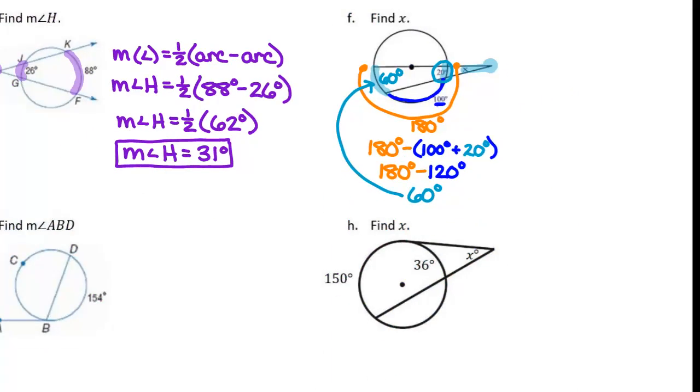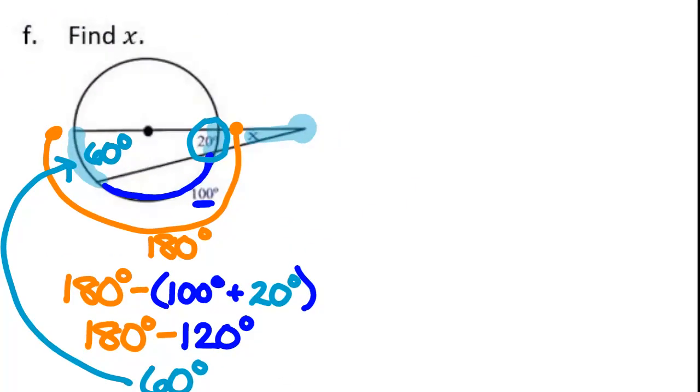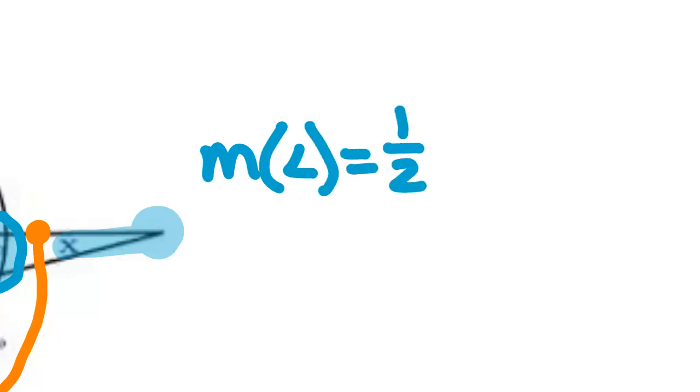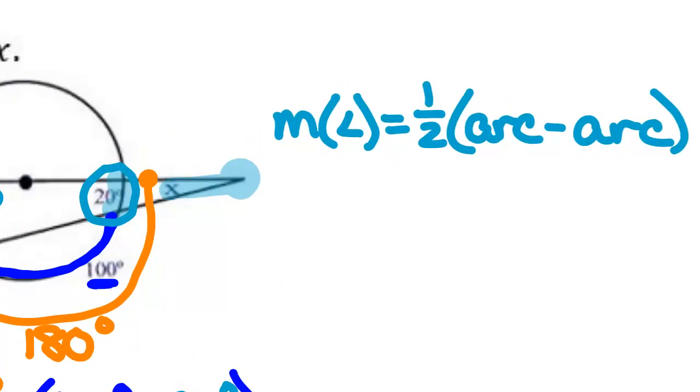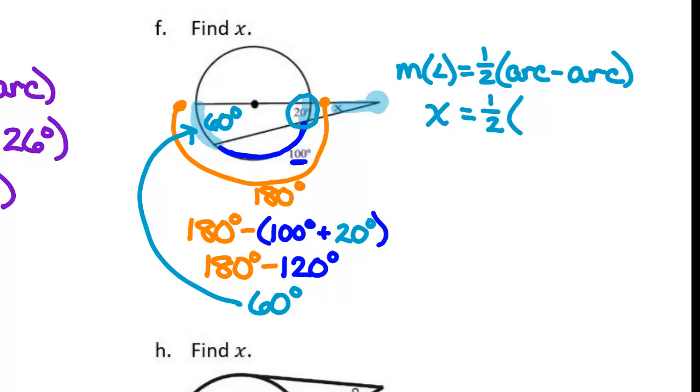Now do I have enough that I can use my formula? Yep. We have the measurement of the angle. It's equal to 1/2 arc minus arc. So the angle that we're looking for is x. So I have x equals 1/2 times bigger intercepted arc minus smaller intercepted arc.